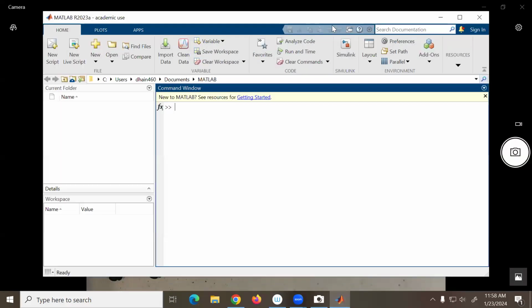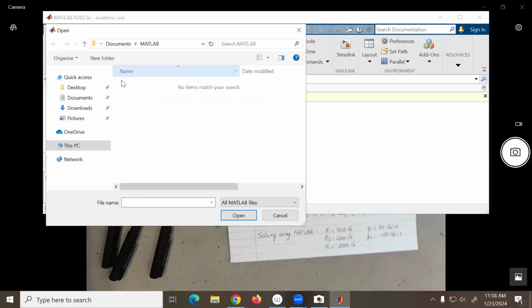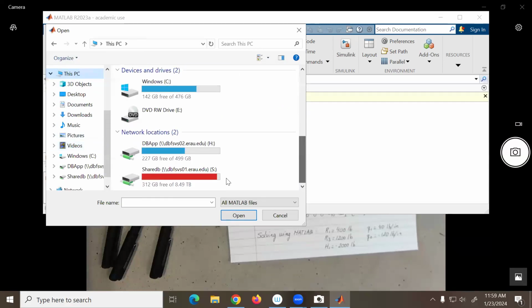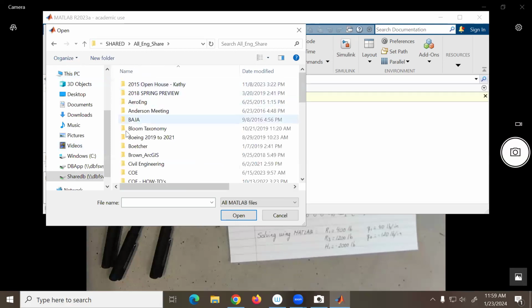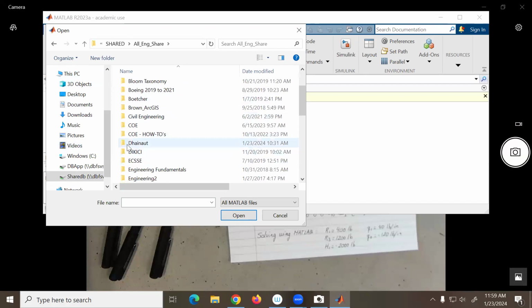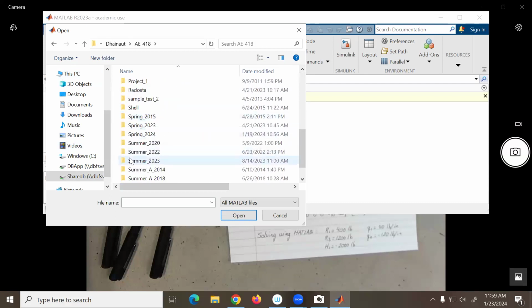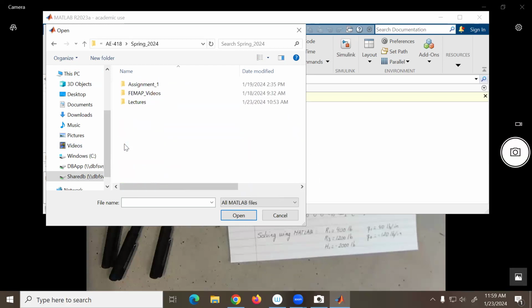So let's see if I can open this now. I'll let you copy this at the bottom. Like I was saying before coming to class, I created a quick MATLAB code for this. Hopefully I saved it. I think this is the 3.